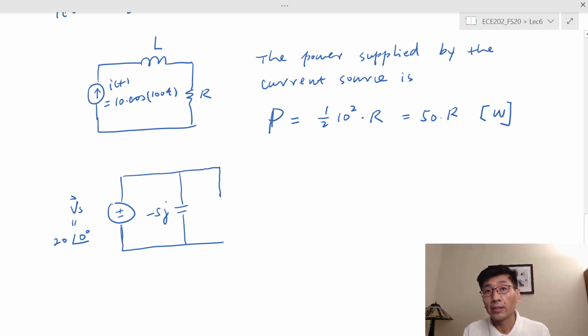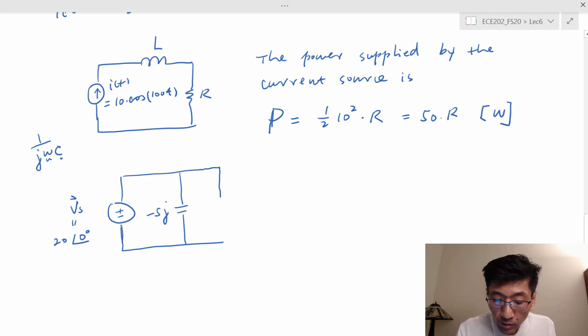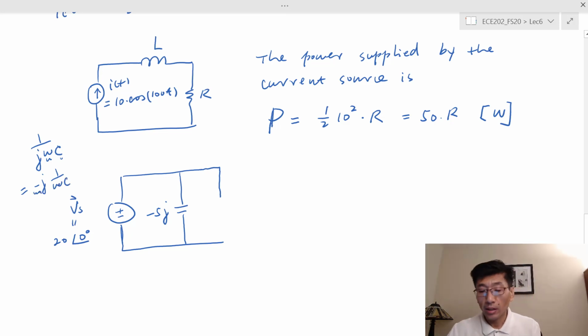Some of you asked why the impedance for a capacitance always has a negative sign. It is because it is 1 over j omega C, where omega is a positive number and C is a positive number. 1 over j is equal to negative j, so that equals negative j times 1 over omega C. That's where the negative sign comes from.